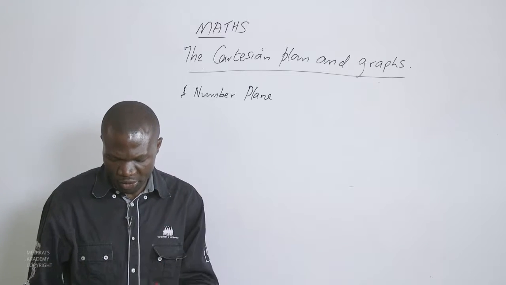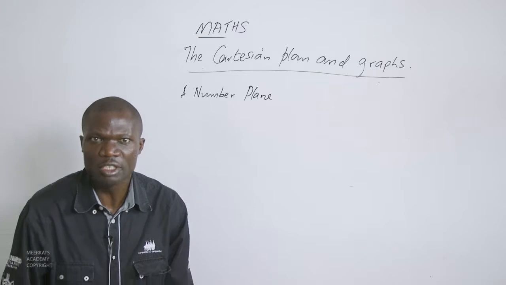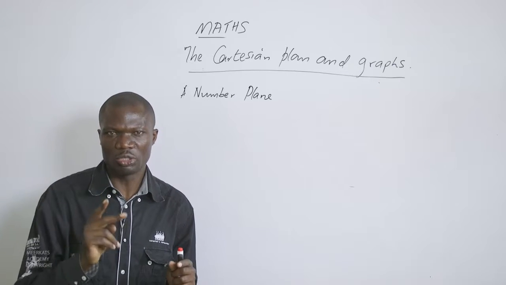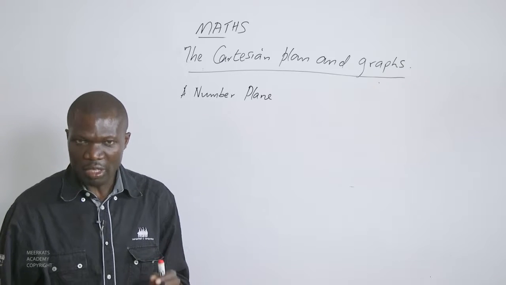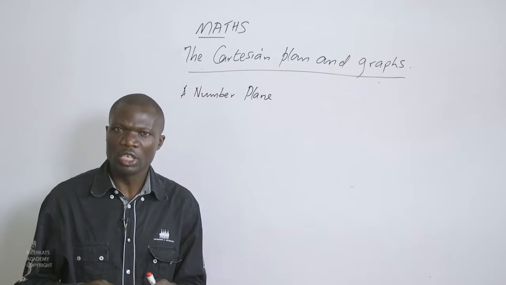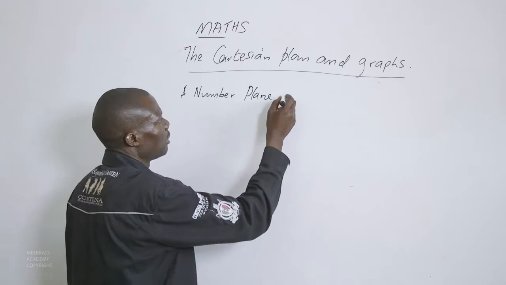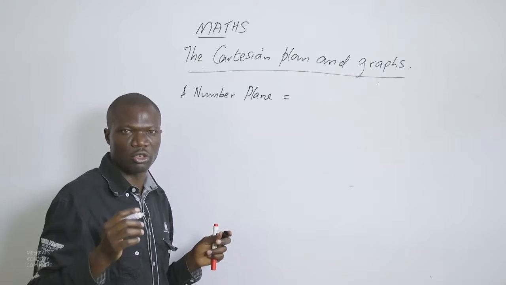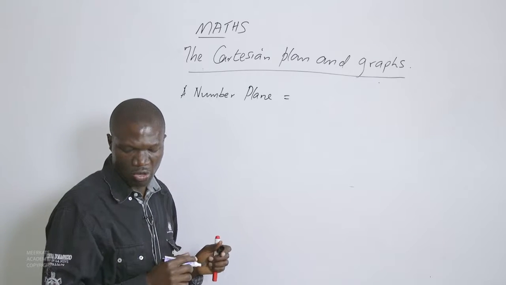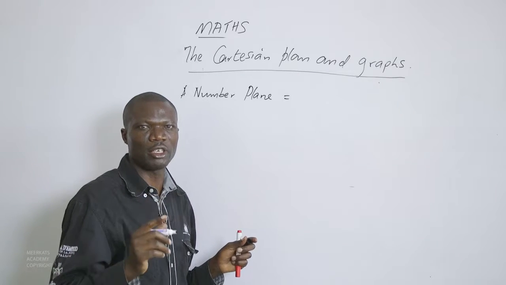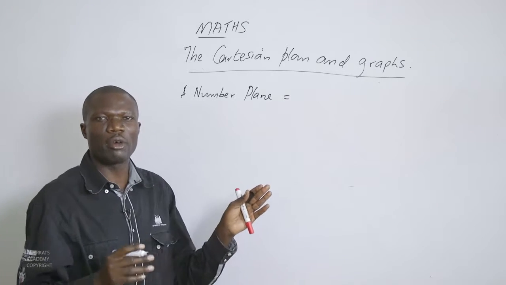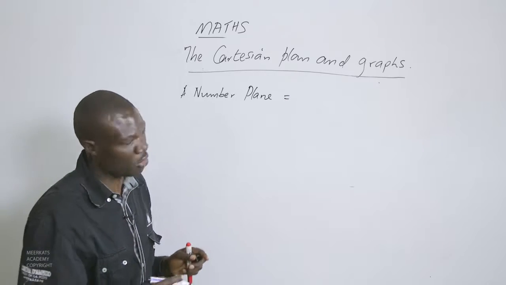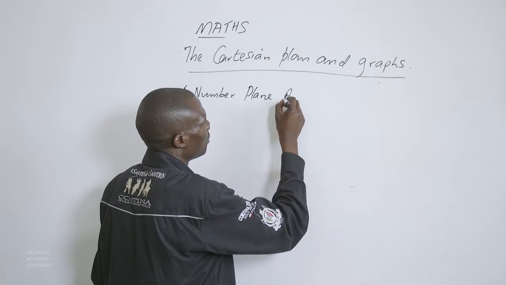A number plane is used to represent position in 2 dimensions. Therefore, it only requires 2 coordinates. I've said it is used simply to show or to locate the position in 2 dimensions, and in this particular case, it only requires 2 coordinates.